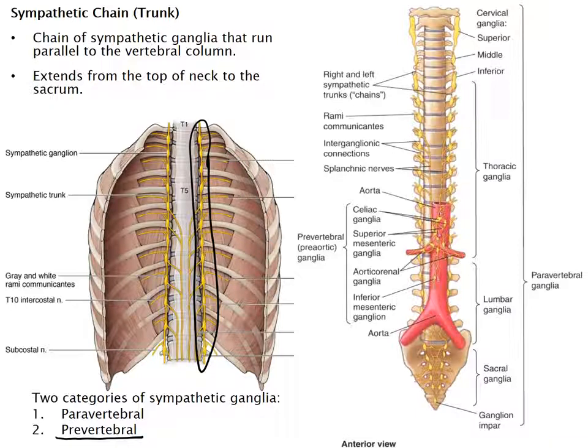Now, personally, I prefer the term preaortic ganglia because it's more specific. These ganglia are located within the abdomen, just in front of the aorta itself. And as you will learn in just a moment, there are nerves referred to as splanchnic nerves that will carry preganglionic sympathetic fibers down to these prevertebral or preaortic ganglia in order for the synapses to occur within these ganglia.